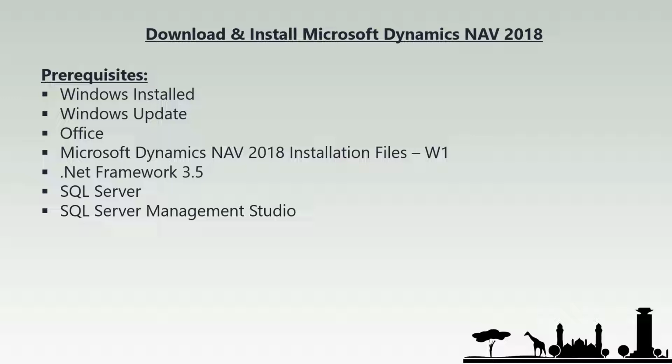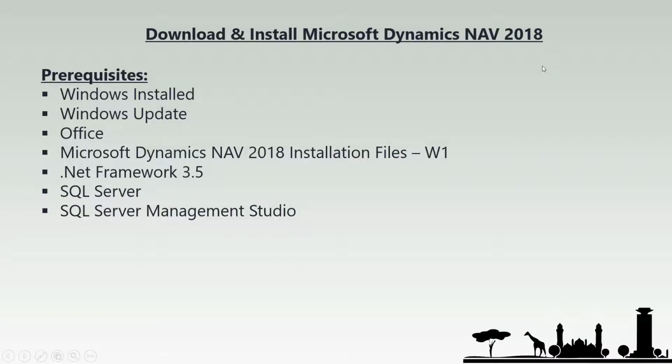We need a .NET Framework. We also require an SQL Server installation, as Microsoft Dynamics NAV 2018 runs on a SQL-based database. And then we require SQL Server Management Studio to manage the SQL.